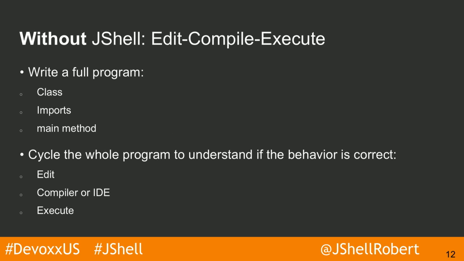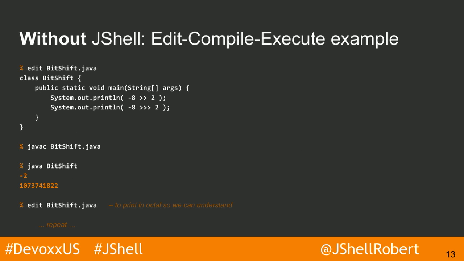Okay, so currently everybody knows how you go about programming in Java. You have to write a class with imports and a main method, and you use either an editor or an IDE to write that, and then you compile it, and then you execute it, and if something's wrong, you repeat that cycle. Let's say we just wanted to run a little experiment: what's the difference between signed and unsigned shift on a negative number?